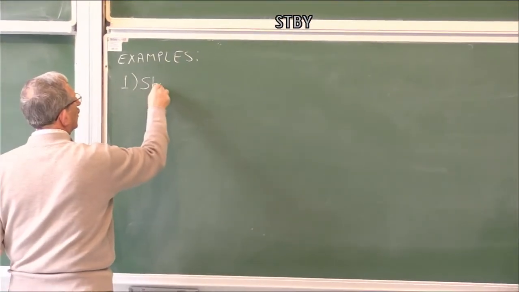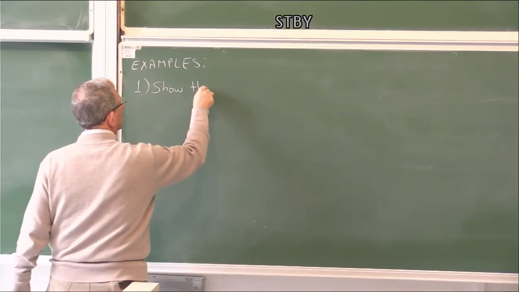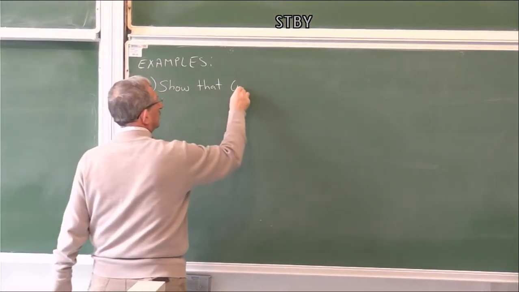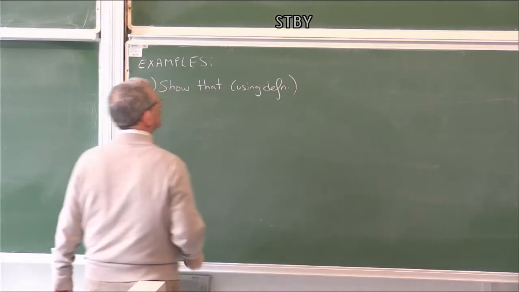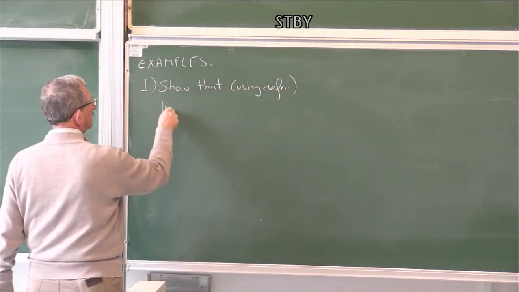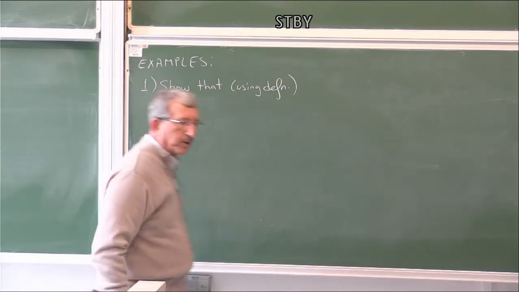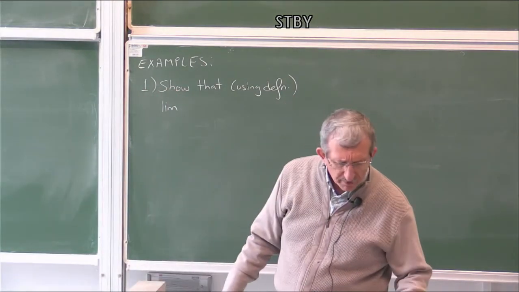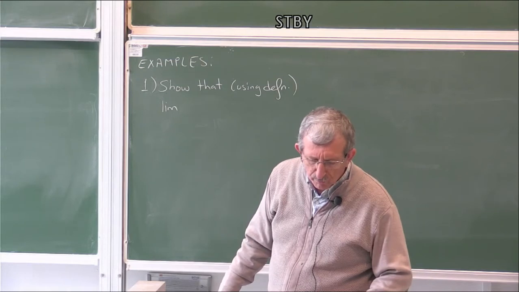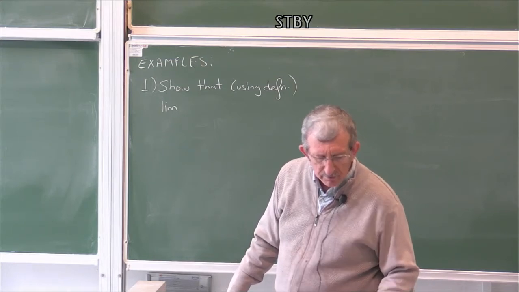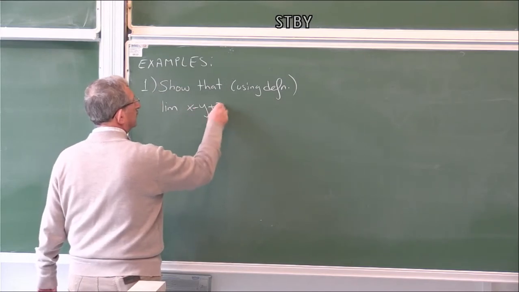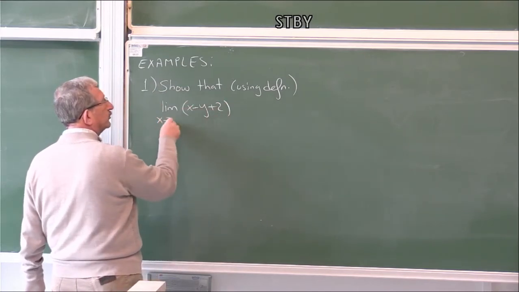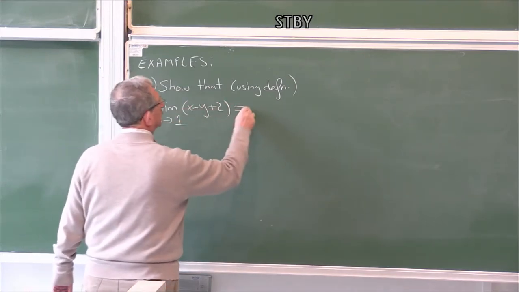Okay, show that, using the definition, the limit of x minus y plus 2, when x goes to 1, is 2. I can use anything here, but I don't want to complicate matters, so this should be easy.